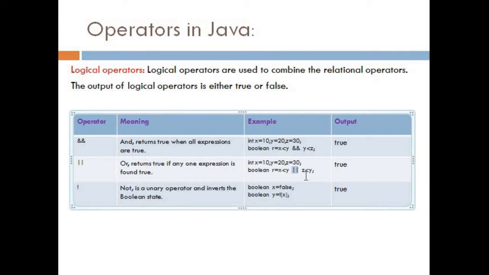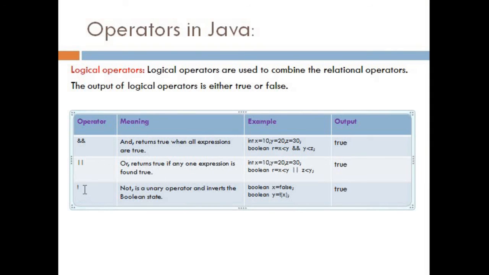So even though z less than y returns false, as 30 less than 20 is not true, the expression x less than y holds true because x is 10 and y is 20. Therefore under the output section I can see the value true, which shall get stored in this boolean variable called r.